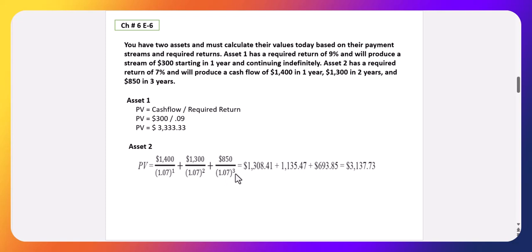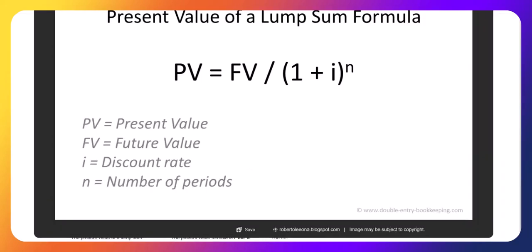And if you can recall the formula for present value, the present value equals the future value of a lump sum divided by 1 plus the discount rate to the number of periods.